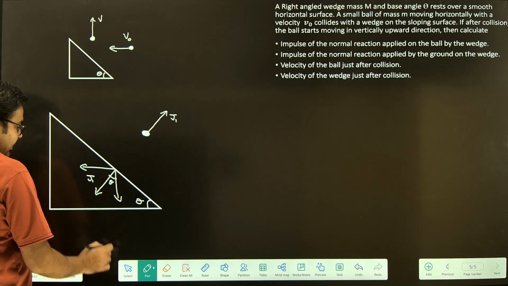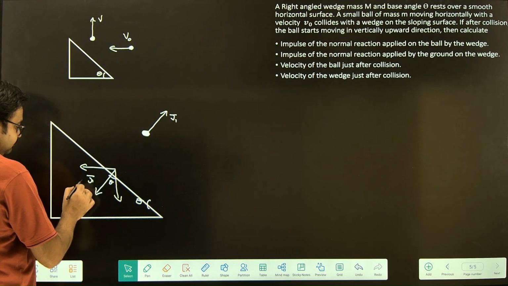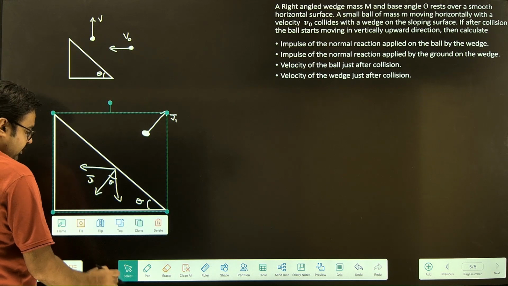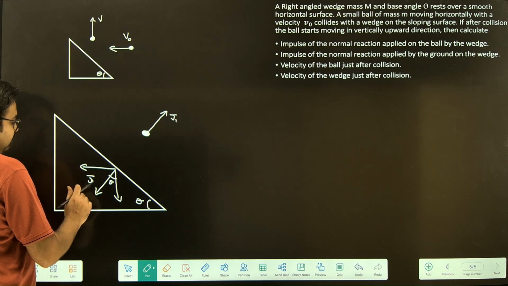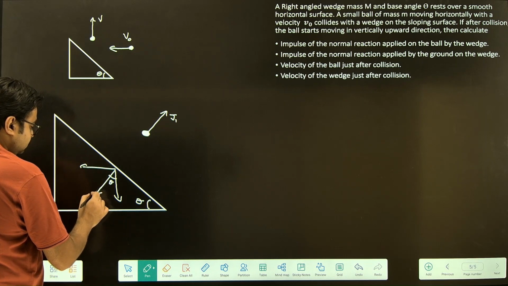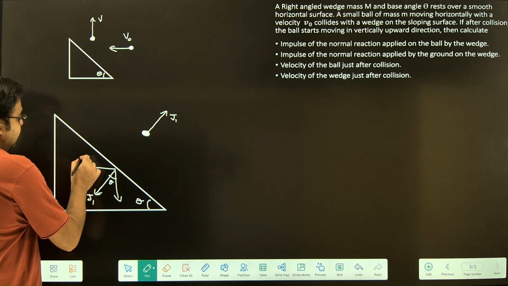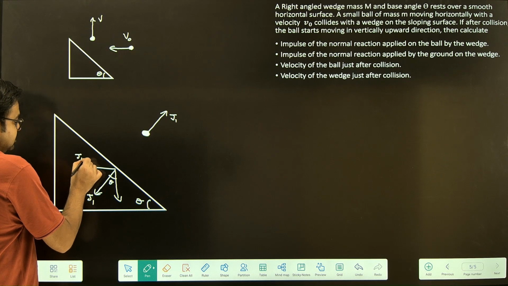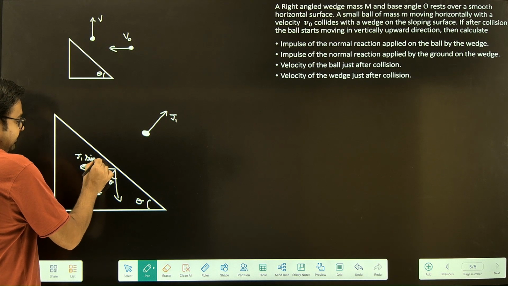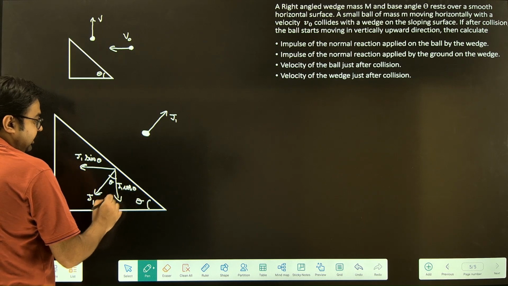J1 is the impulse. Then you have J1 sine theta in this direction and J1 cos theta in this direction.